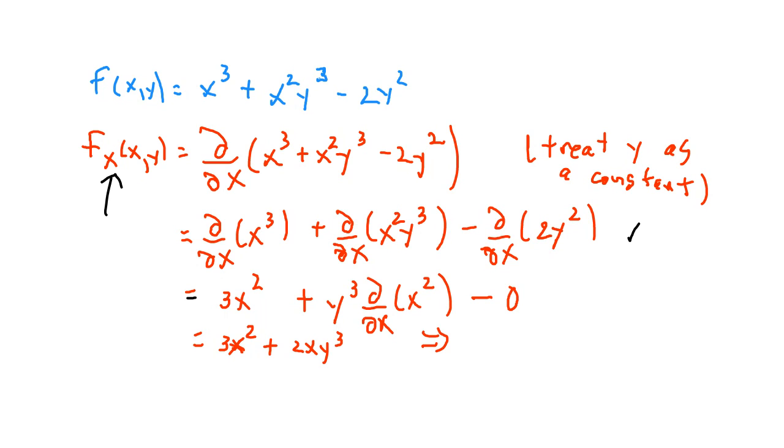And so this means that the partial derivative of the function with respect to x at the point (2, 1) would just be 3 times 2 squared plus 2 times 2 times 1 cubed.